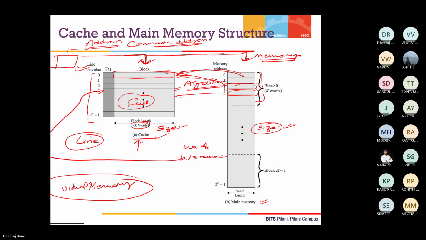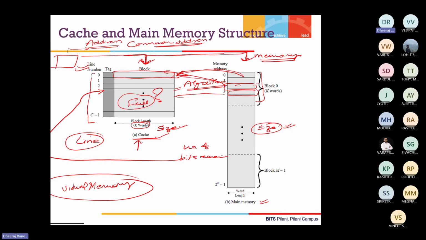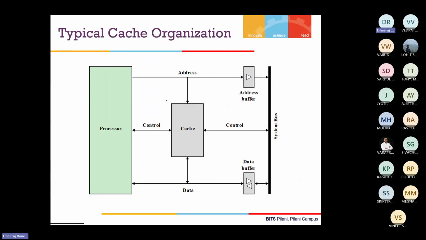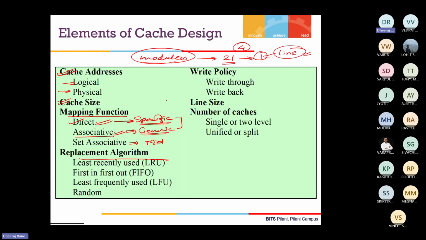Then which line number is to be replaced, right? Deciding on this will be helped by these replacement algorithms, and many of them are clear by their verbal meaning itself. One is least recently used, first in first out, and least frequently used.